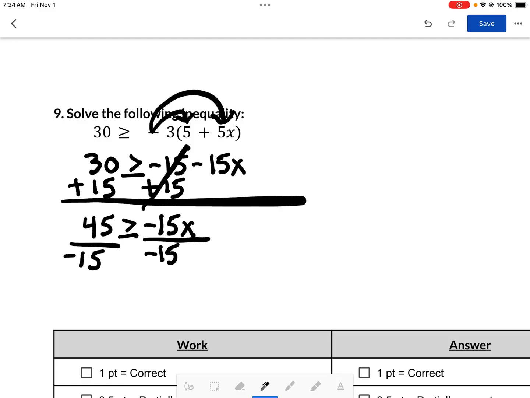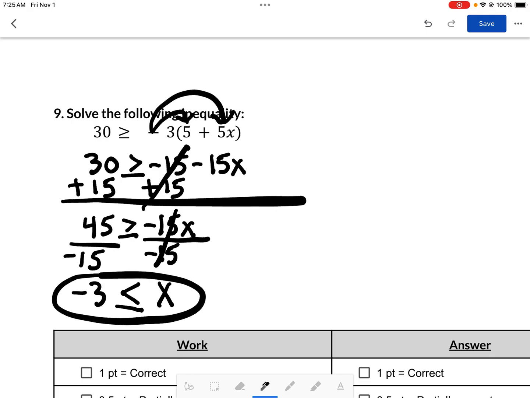So when I divide both sides by -15, the -15's cancel, I'm left with an x. Remember, with inequalities, if I divide by a negative, I have to flip my sign. So now instead of less than or equal to, it's going to be x is greater than or equal to. And then 45 divided by -15 is -3. So x is greater than or equal to -3.